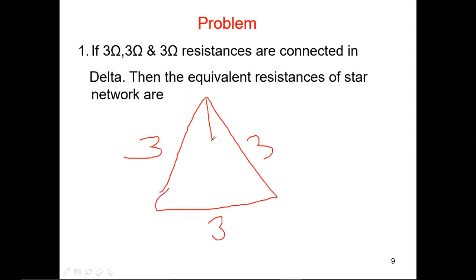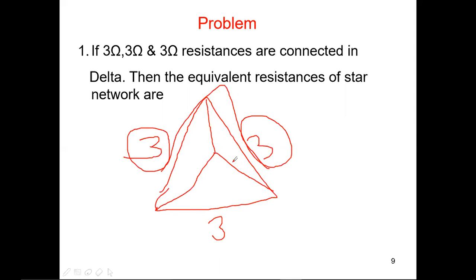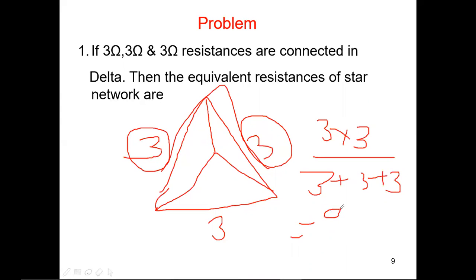Now I'm going to convert it into the star. How much is the value of star? The product of these 2 by the sum of these 3. Same, right? So I can get 3 into 3 by 3 plus 3 plus 3, 9 by 9. Then the answer will be 1.